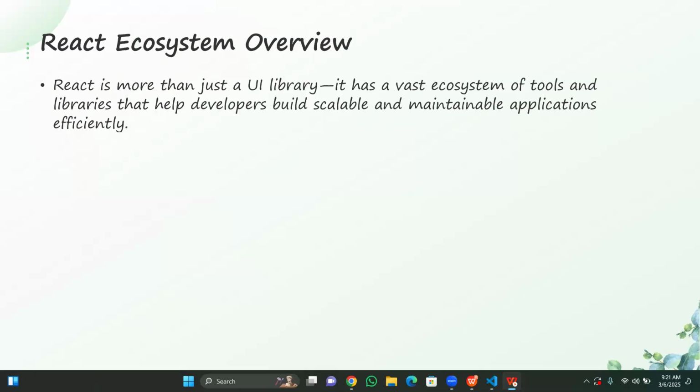When you have other libraries and tools, these are what we call the ecosystem: Redux, which helps you manage state, and React Query, which helps you manage fetching data. All these libraries are available for you to augment where React is not functioning well.